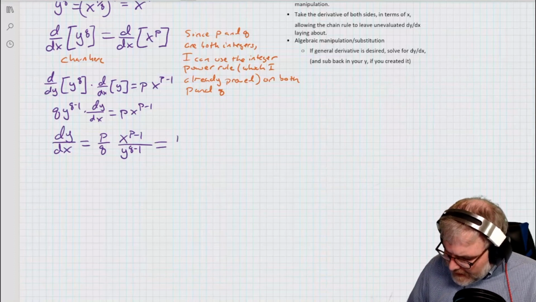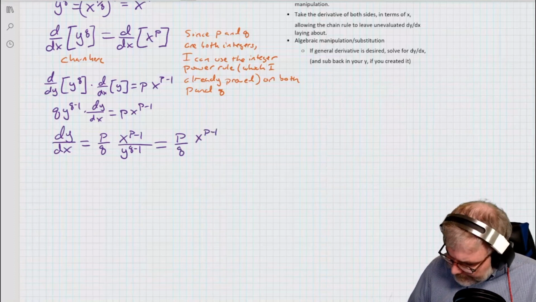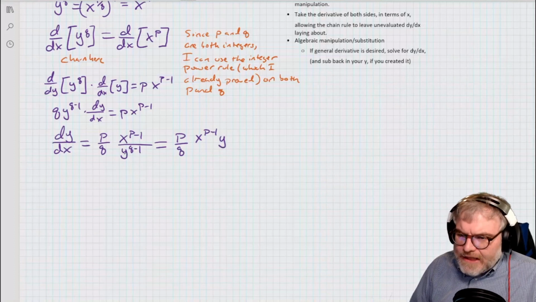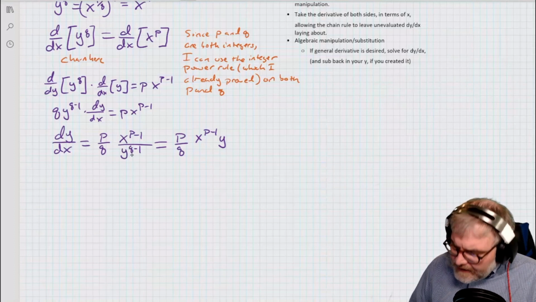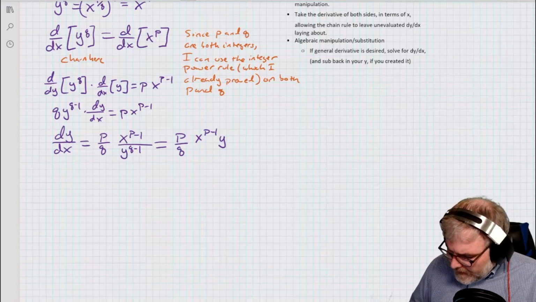So this becomes p over q, x to the p minus 1. I'll leave the p minus 1 there. Y to the, now y to the q minus 1 is y to the q times y to the negative 1. Well, the y to the negative 1 will become a y to the positive 1 when I move it up. Okay, so let's do that step explicitly.